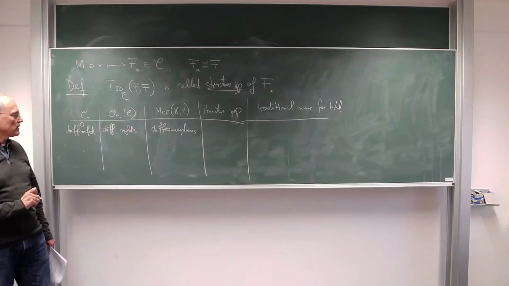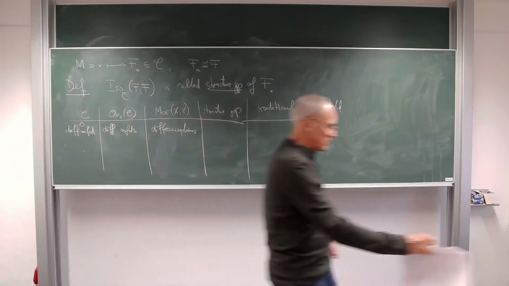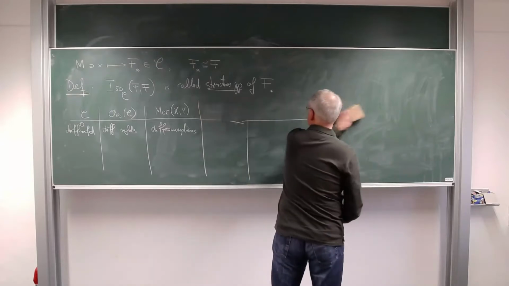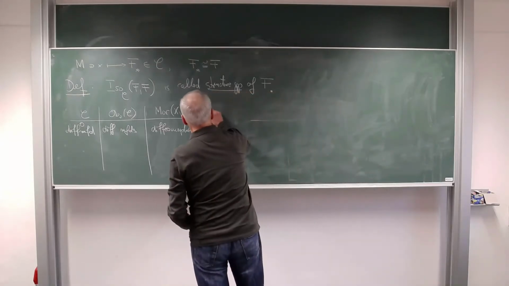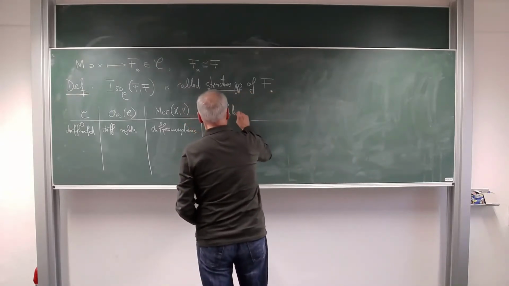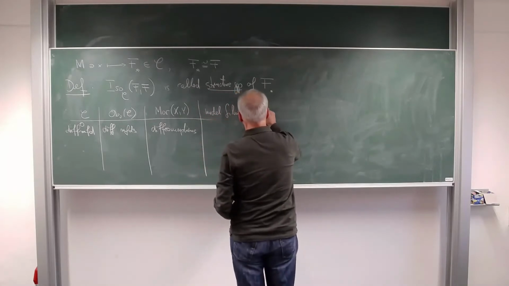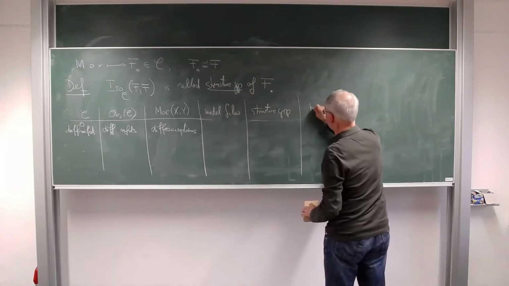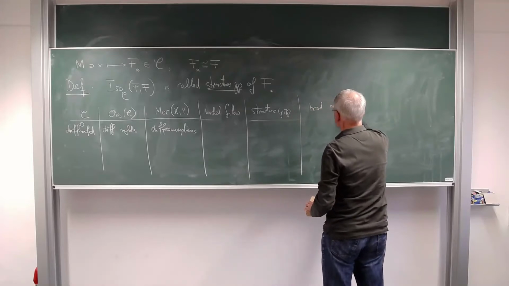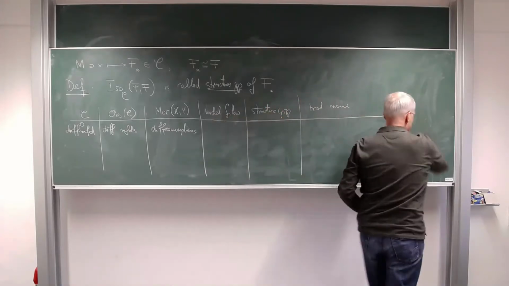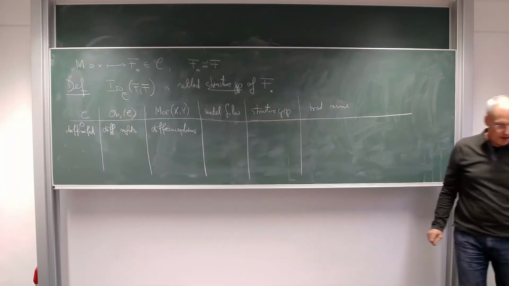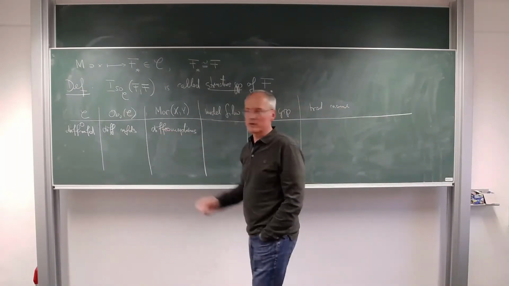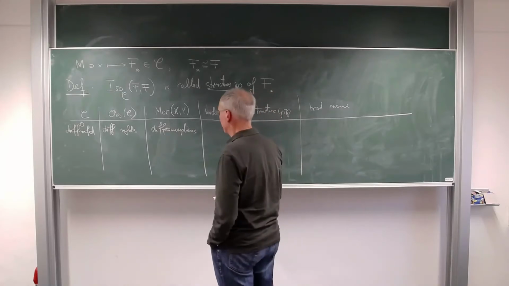And now if I have a model fiber, maybe I should also list the model fiber at some point. Model fiber, structure group, and the traditional name. Okay, so the model fiber could now be any manifold, right? So some differentiable manifold.